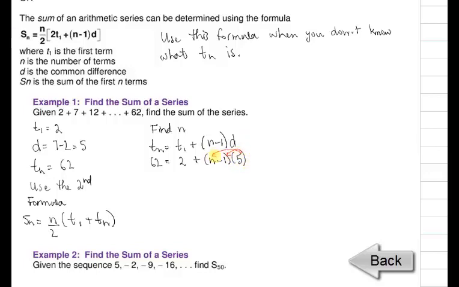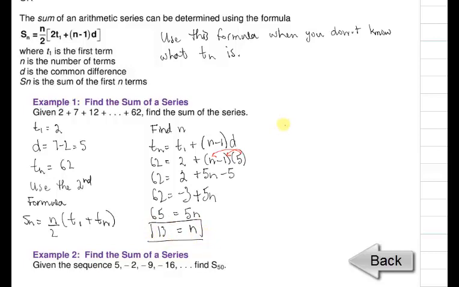I will start by distributing the 5, and I get 62 equals 2 plus 5n minus 5. Combine my like terms. 2 minus 5 is negative 3. Bring the negative 3 over to the left, and it becomes positive. So 62 plus 3 is 65, and divide both sides by 5, and I get 13. So I know that there are 13 terms in this series.